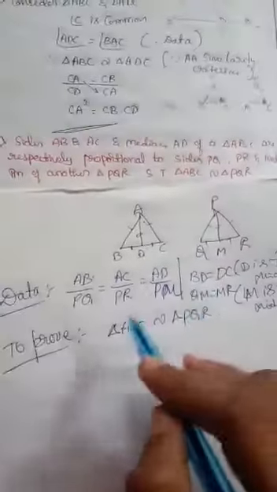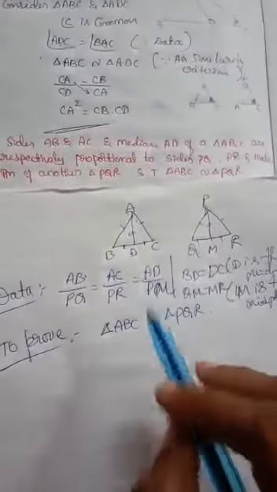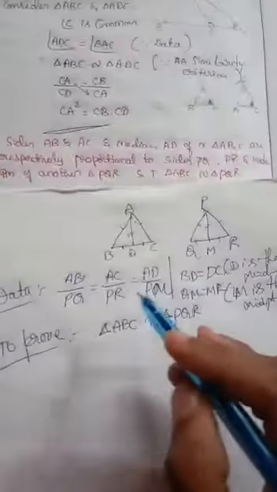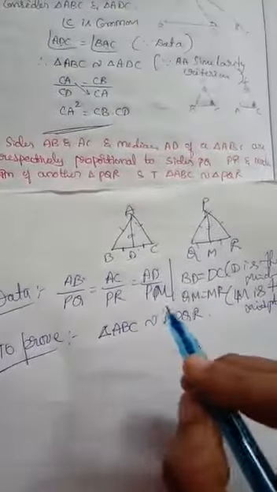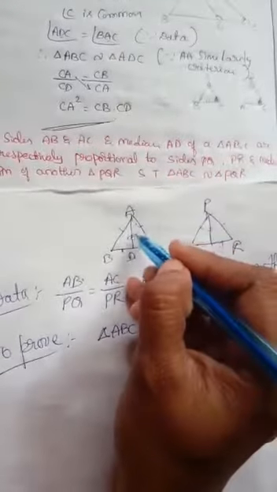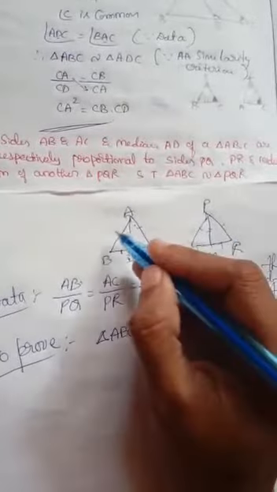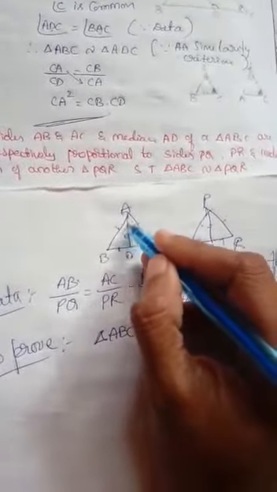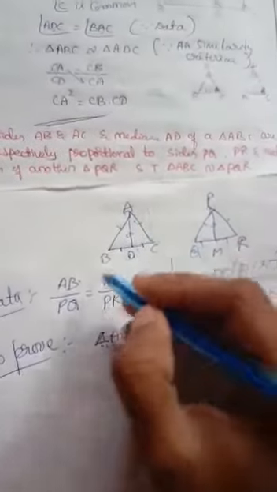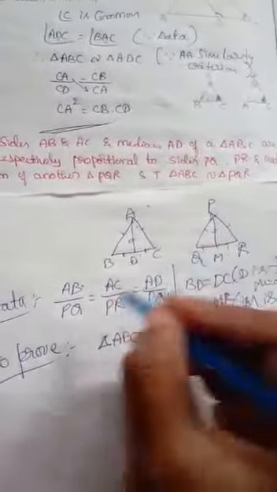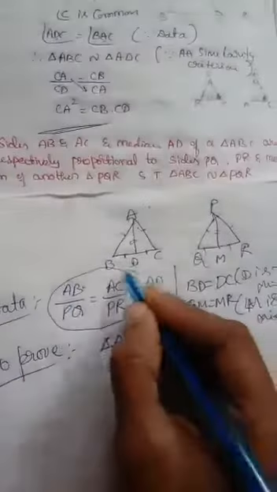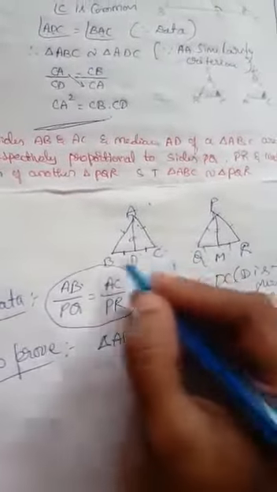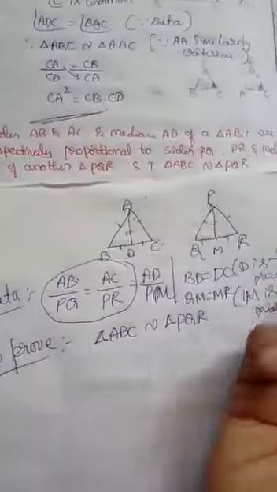In this given data, we have to prove that ABC and PQR are similar. It is complicated because in triangles ABC and PQR, the three sides are not proportional. AB is proportional to PQ and AC is proportional to PR, so two sides are proportional, but the third side is not, meaning BC and QR are not known to be proportional.